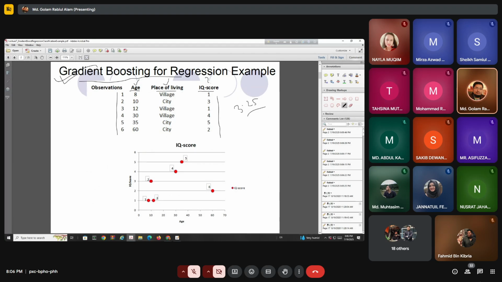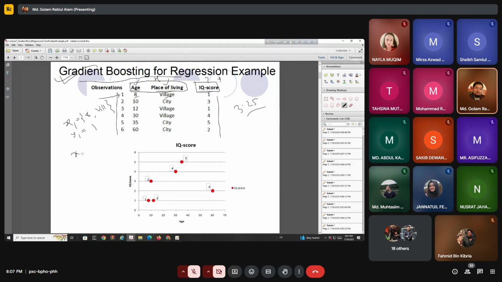In this case, we have these two as our x, and this is our y. So for the first instance, the x1 consists of specifically two values, 8 and values, and y1 for that is 1.